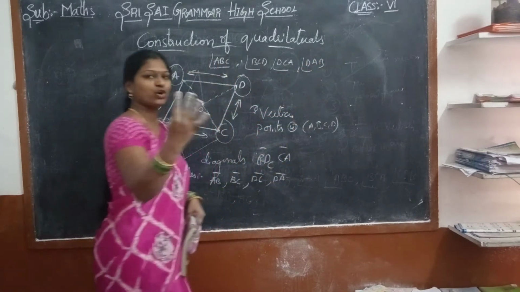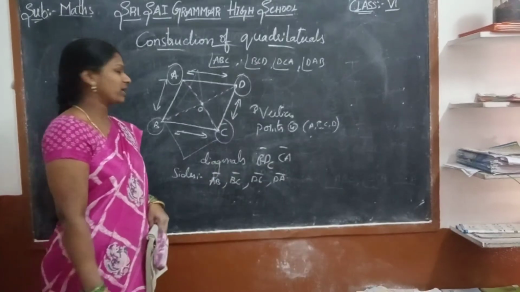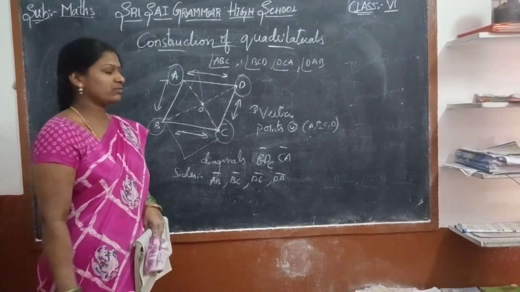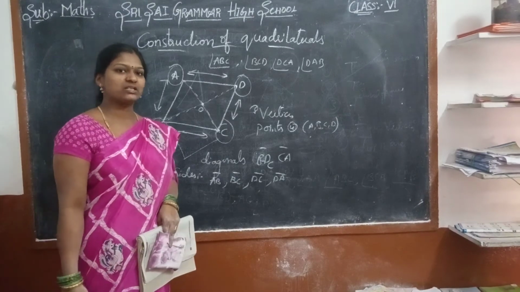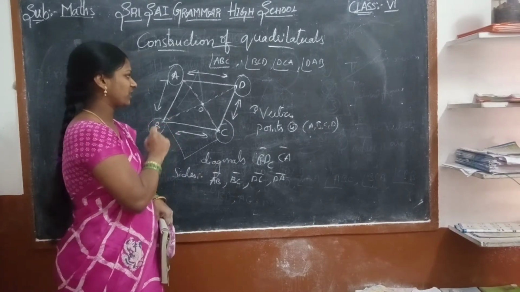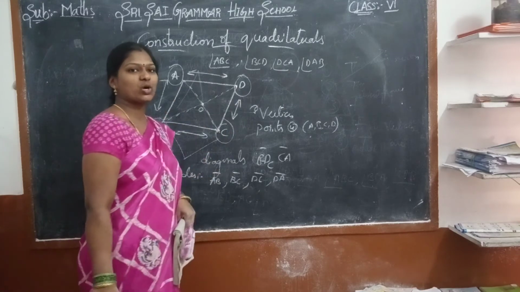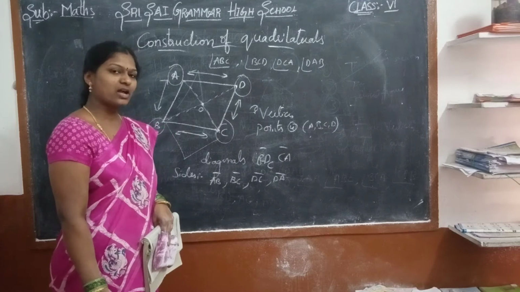These are the 4 angles present in the quadrilateral. We have learned how the quadrilateral can be represented, and we call it a closed figure.